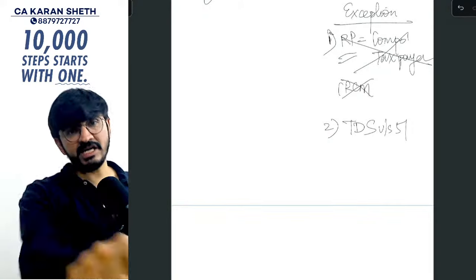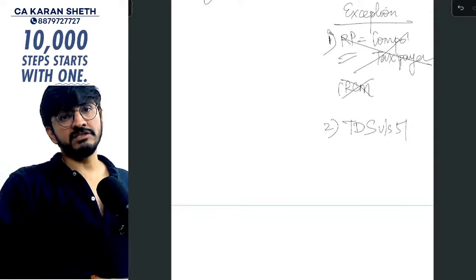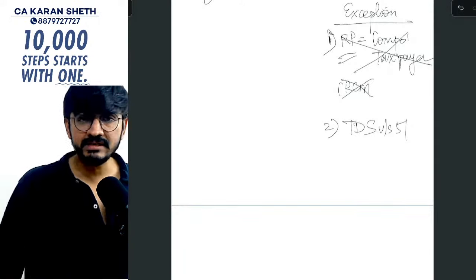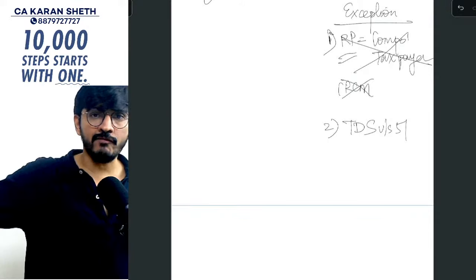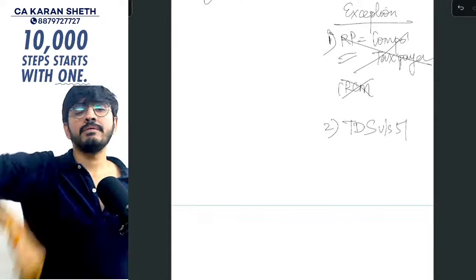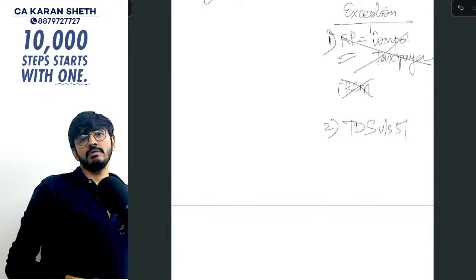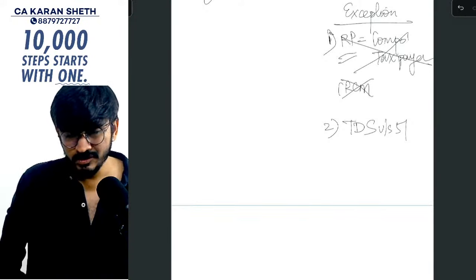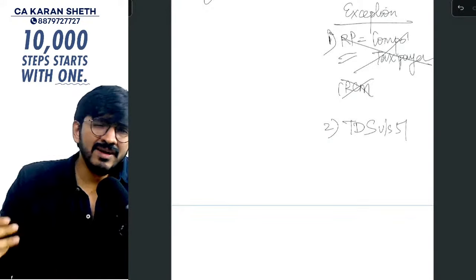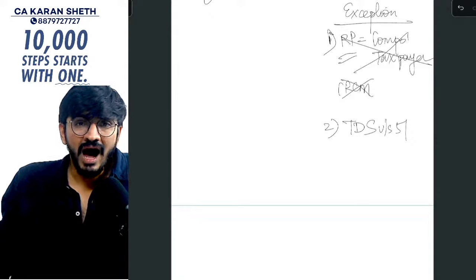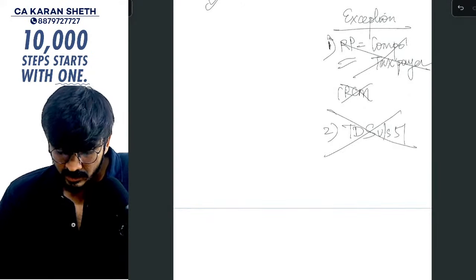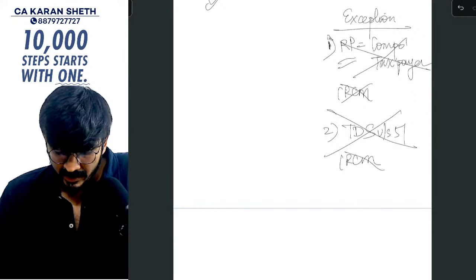So if your name is mentioned there, you take registration. Why do you take registration? To deduct TDS and to pay TDS. Because if you have deducted, you have to pay, and to pay, you have to log in, you have to take a registration number. So if his job is only to deduct TDS and pay, why will you again burden him with RCM? You will not. So RCM again will not apply here.